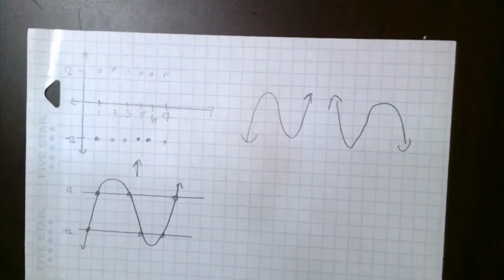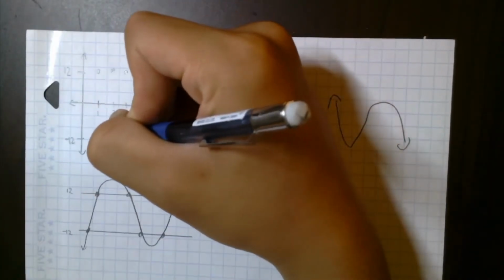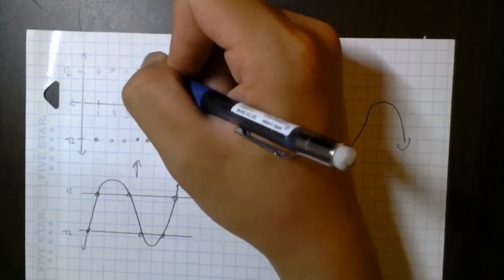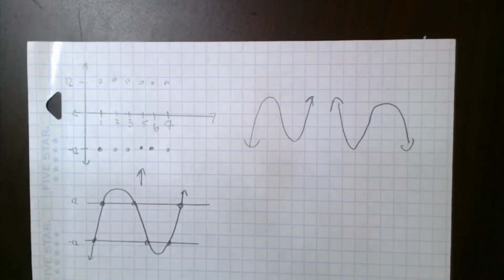You might be wondering why we can't take it the other way around, why f of 1 can't be 12, f of 2 can't be negative 12, f of 3 can't be negative 12, f of 5 can't be 12, etc. But then that function will just be the negative of the f of x we're taking. So in the end, absolute value of f of 0 would stay the same regardless, and we can still get the right answer to the problem.